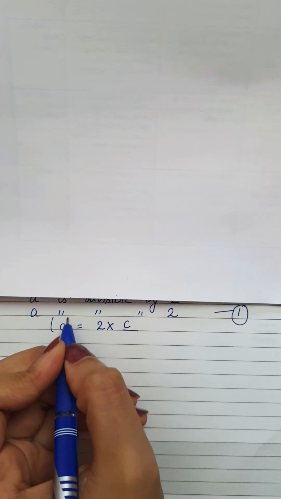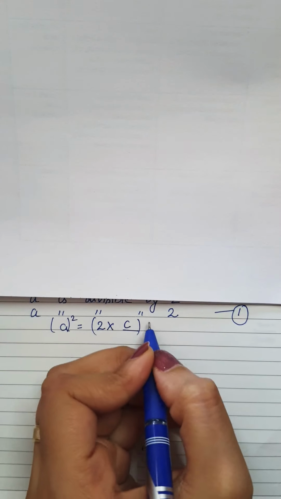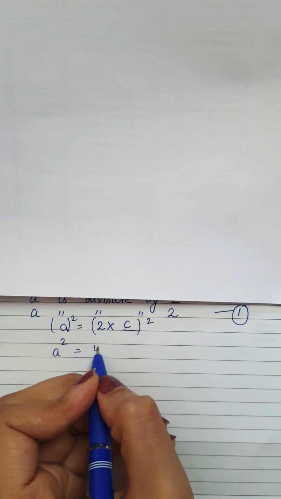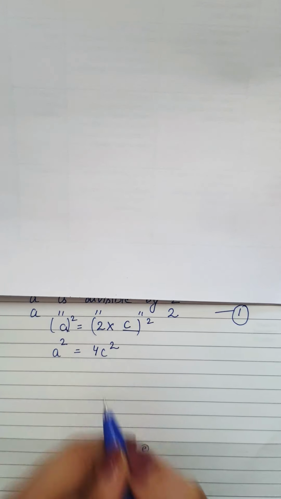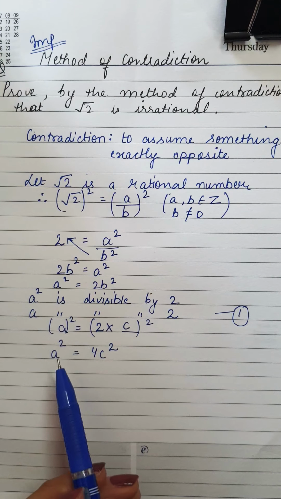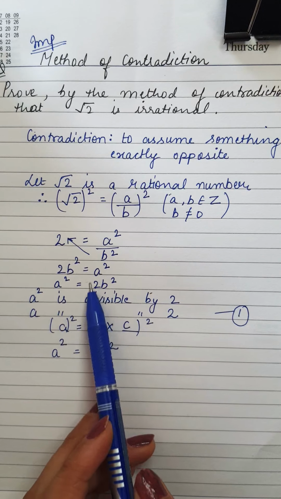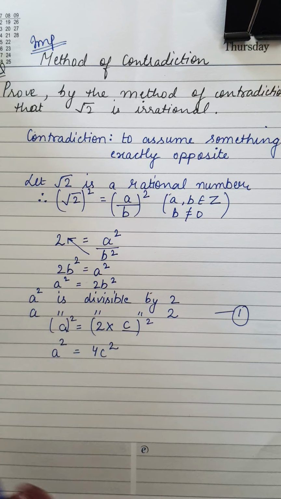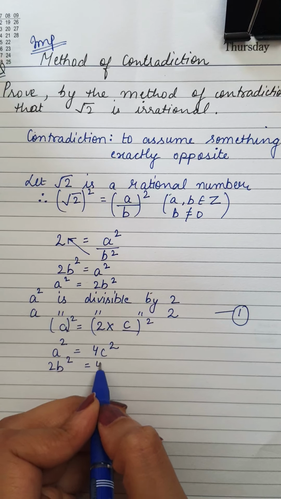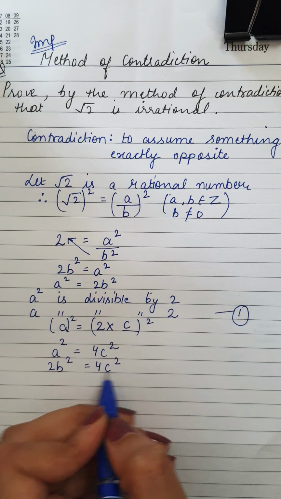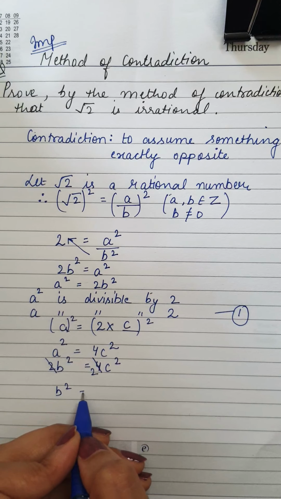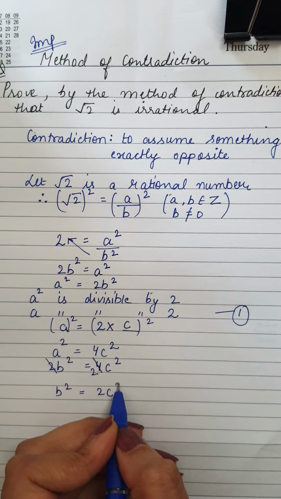Now squaring both sides, I have got a² = 4c². Now I am removing this. Now the value of a² is 2b², so I am putting the value here. 2b² = 4c².